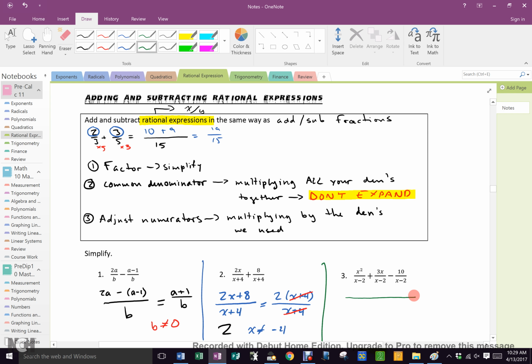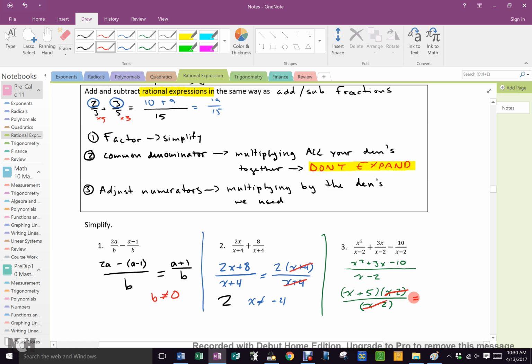What's the denominator? x minus 2. What's the numerator? Would we leave it like that? Of course not. Why? Factor the top. (x plus 5) (x minus 2) over (x minus 2). Hey, Joel. What do we do?